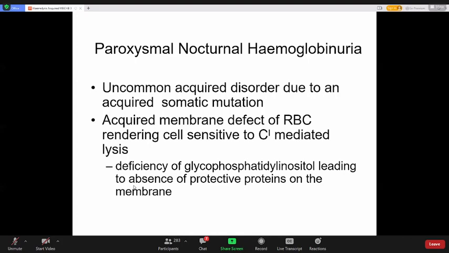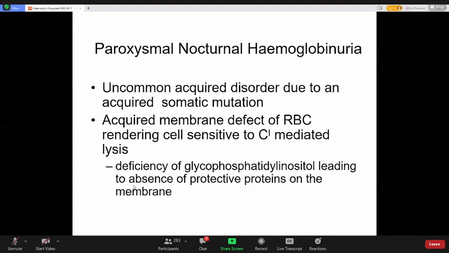All right, and the basic abnormality is a deficiency of a certain complex, which is a glycosylphosphatidylinositol component of the red cell.